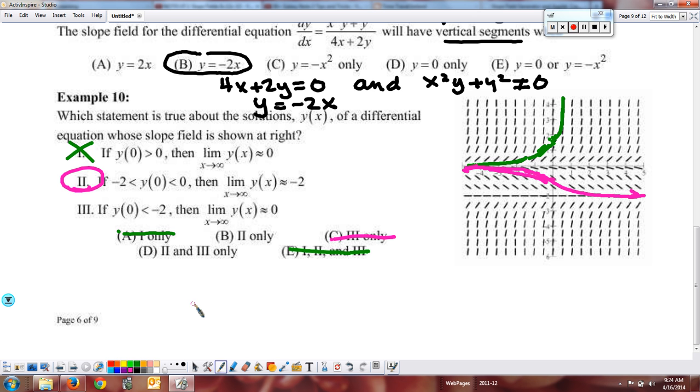Now I look at number 3, which is solutions that go through y values below negative 2, and trying to eyeball in your solution for that.